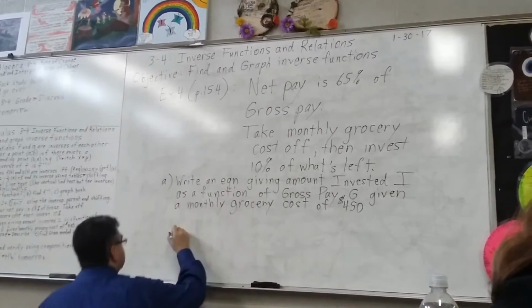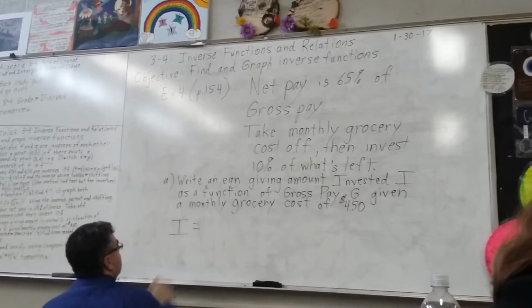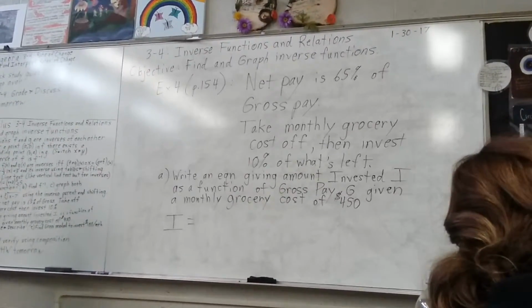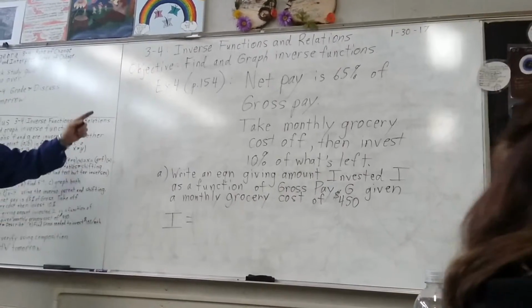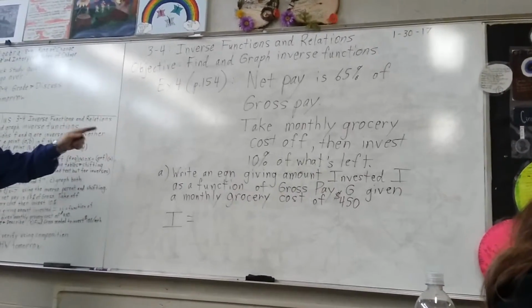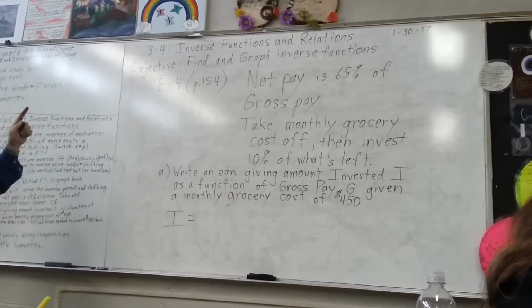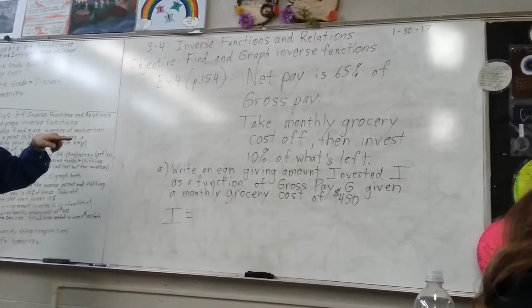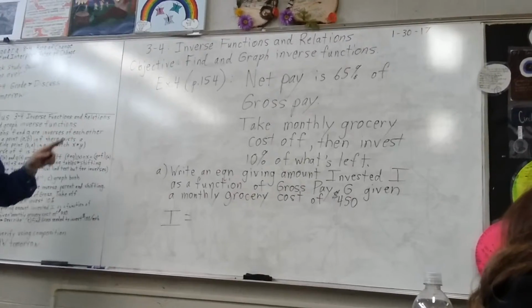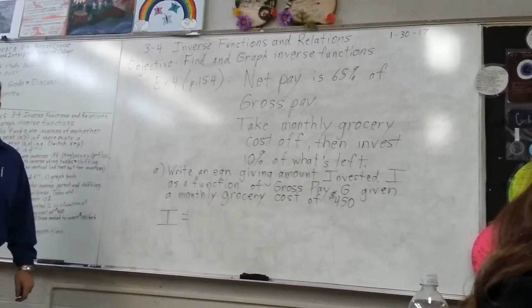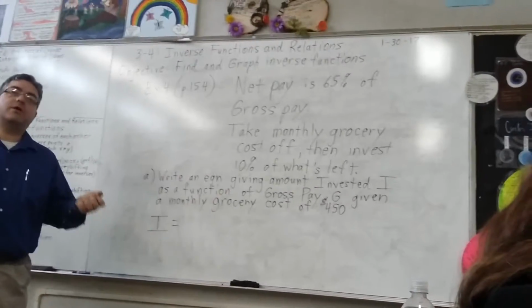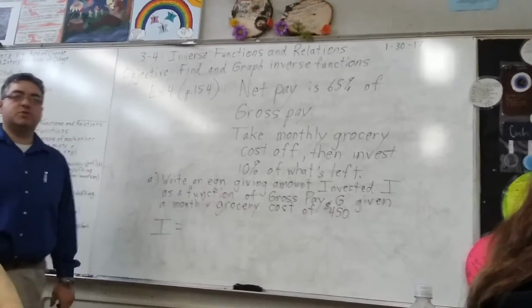So, investment, I, the amount you can invest, is equal to the net pay minus the groceries, and then 10% of that. So, how would we talk about our net pay in terms of our gross pay?